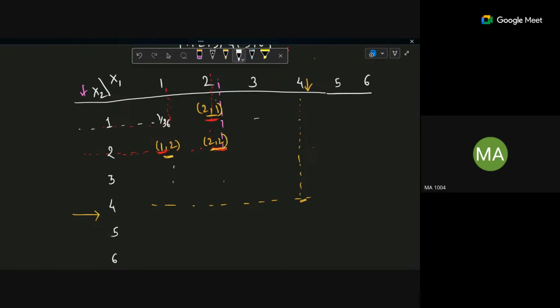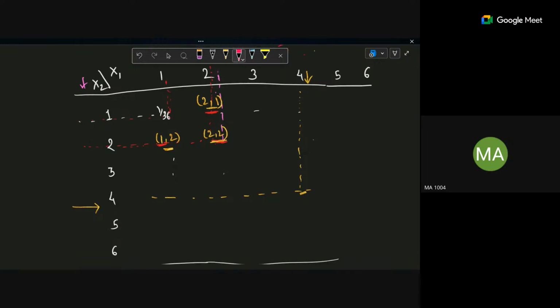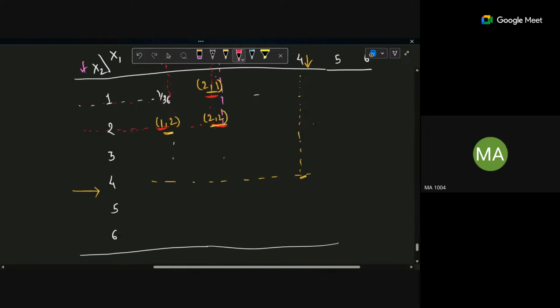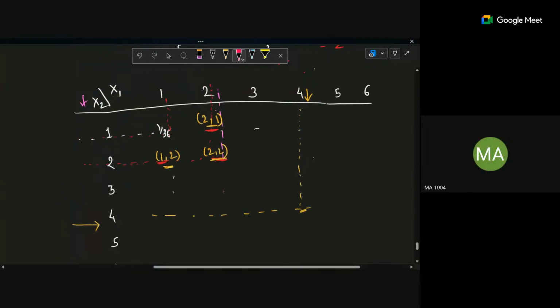The direction will be reverse actually. Just change the color. Okay. Let's say you want your minimum to be 1. So what are the possible cases when your minimum will be 1? You have to direct like this.